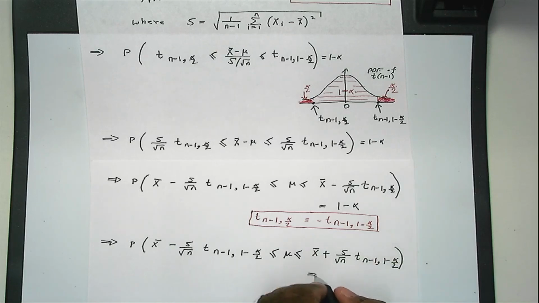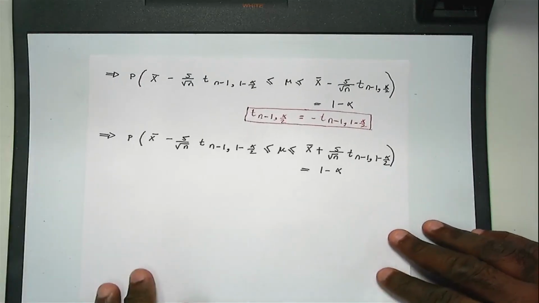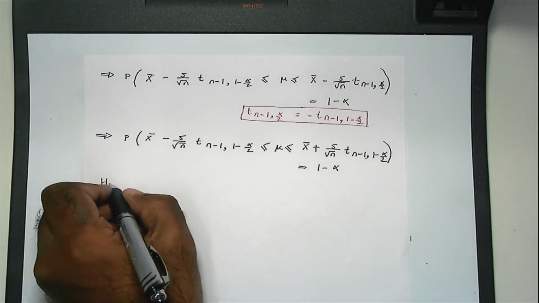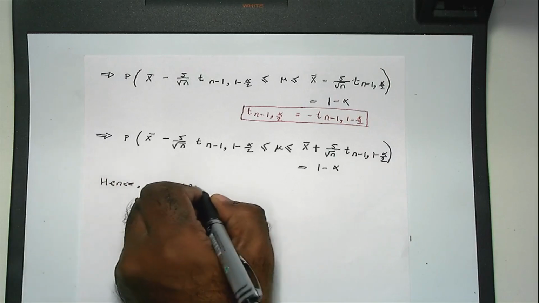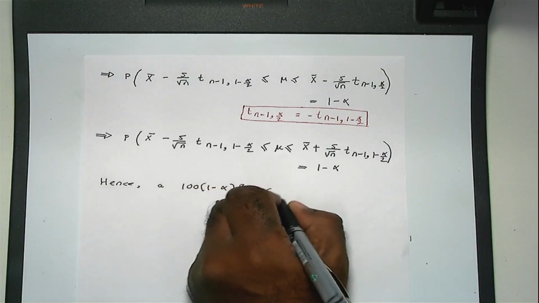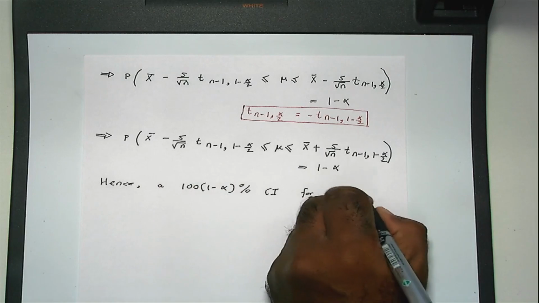Now, from the definition of confidence interval I gave you in the previous video, we can see that we have a confidence interval for mean. So the conclusion is that the 100 times 1 minus alpha percent CI for mu is the following.